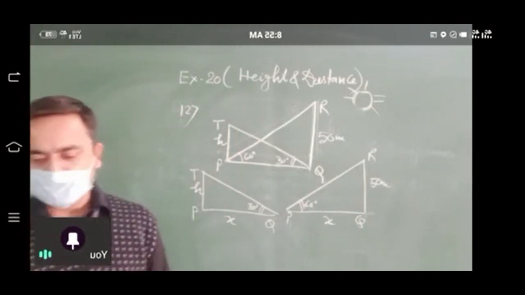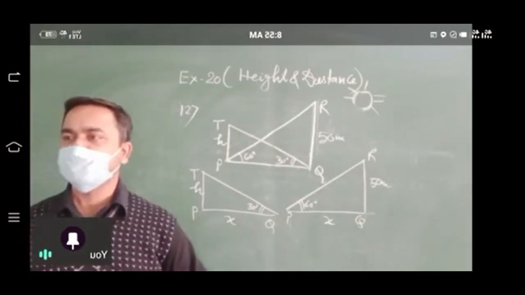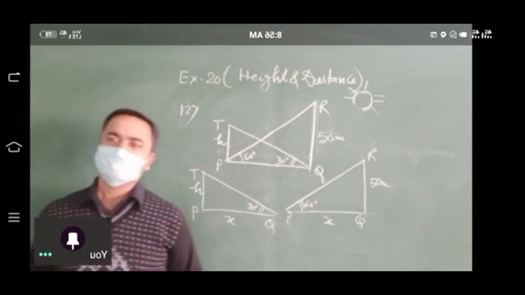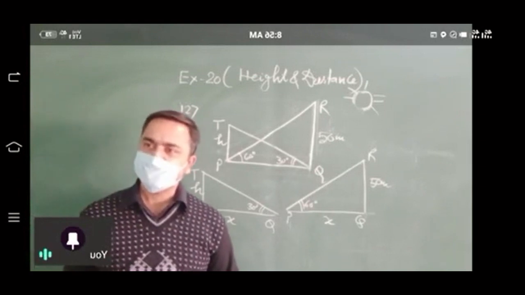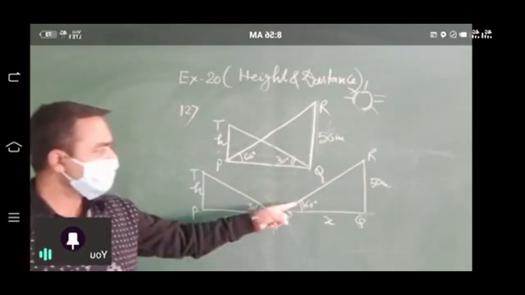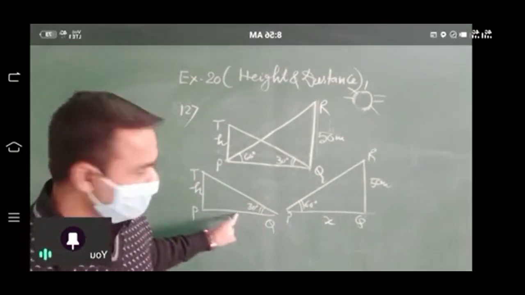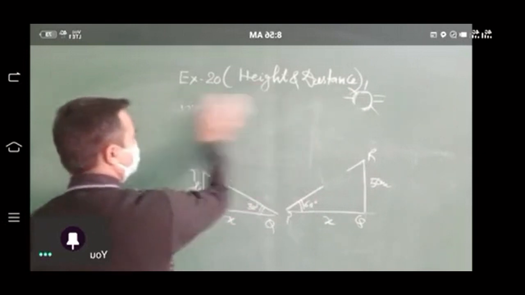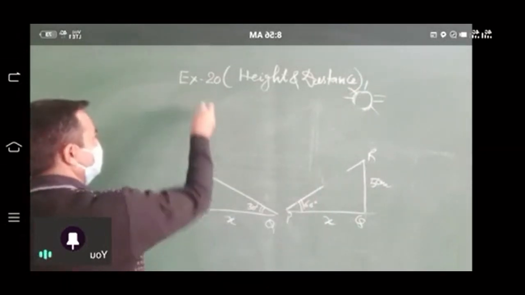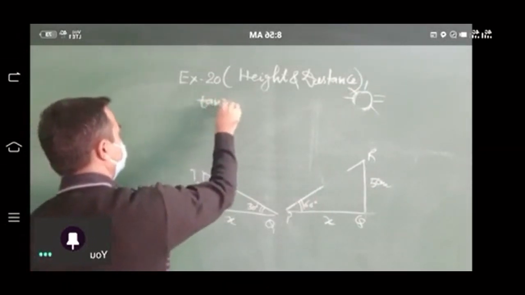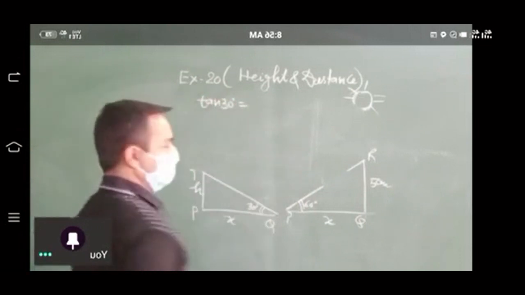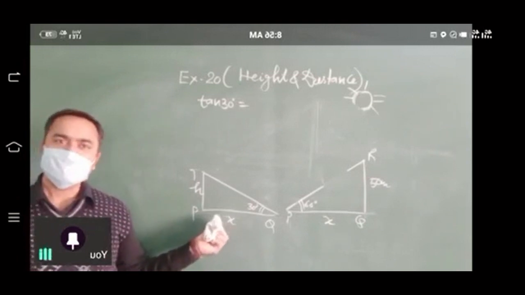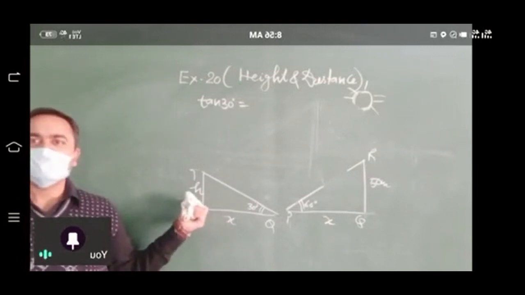Now apply tan theta in both the triangles to make a relation between height and X. H and X. Okay. So if you are applying tan 30 for this triangle, what will you get here? Tan 30 equals perpendicular upon base.